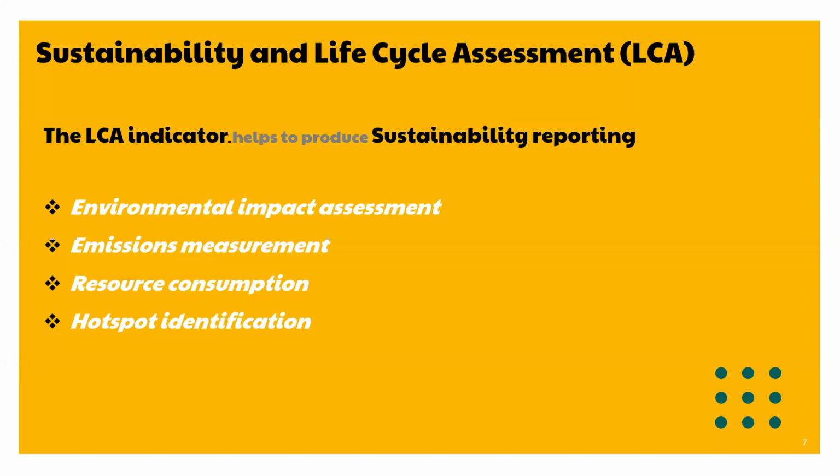It provides indicators such as carbon footprint, water footprint, energy consumption, waste generation and many other indicators within your scope of work. With this, you would be able to comprehensively measure the environmental impact of your coffee cup.